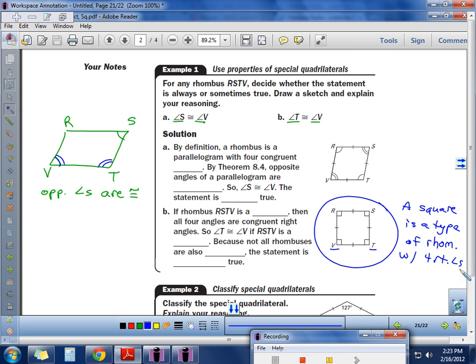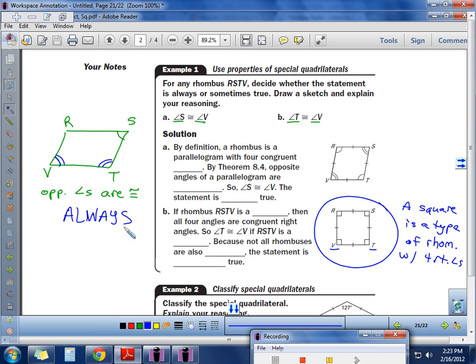That's the clearly explained way why. So this is an always over here. This is always true. That's how a rhombus will always be able to be proven.